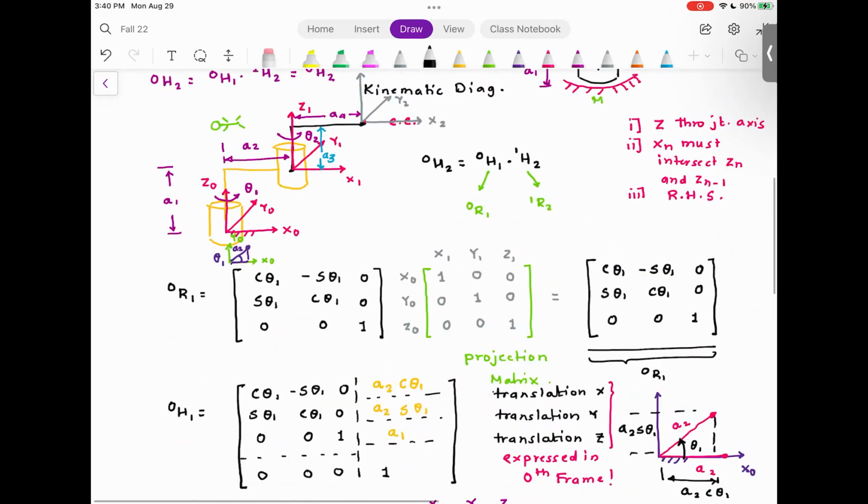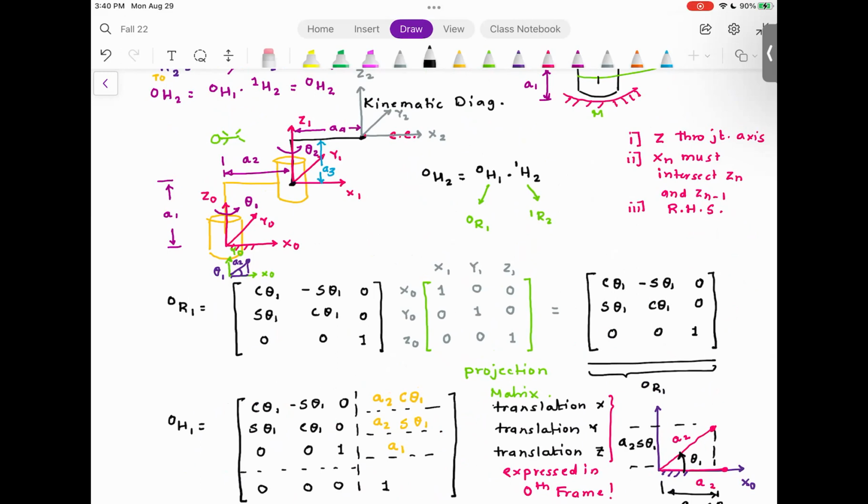Now this translation is between frame 1 and frame 2. So this is my frame 1, and this is my frame 2. This is my frame 0. So the translation between frame 2 and frame 1 expressed in frame 1. Once again, translation of frame 2 with respect to frame 1 expressed in frame 1. Can someone tell me what that would be?